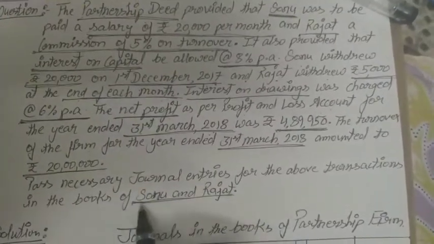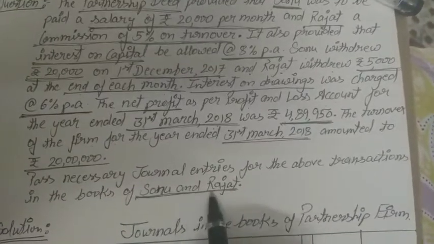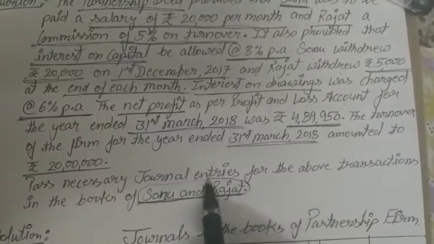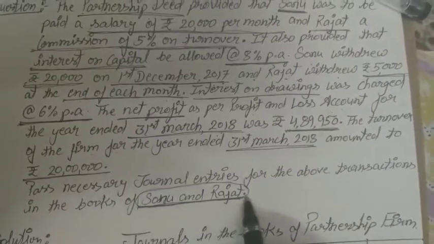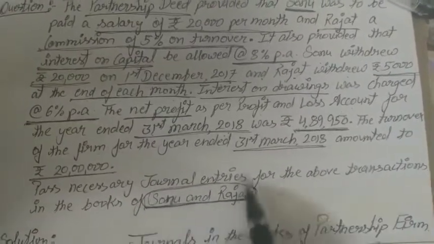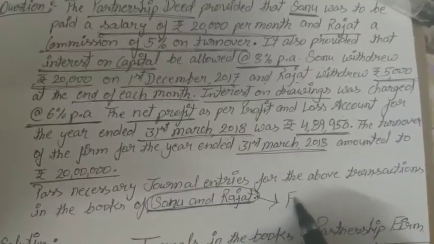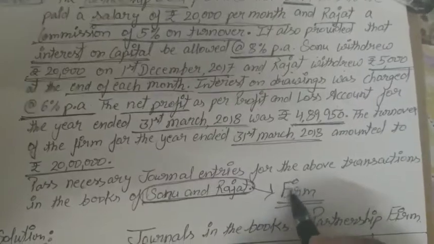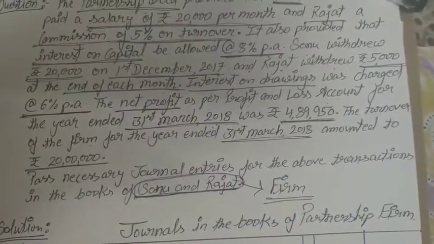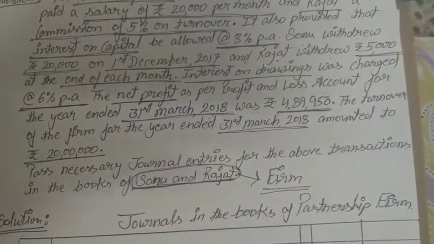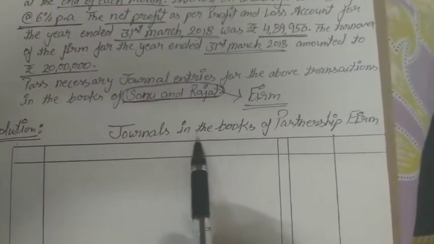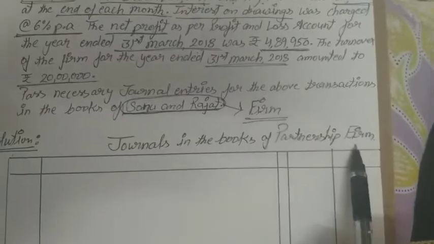In the books of Sonu and Rajat, if we take the cumulative name of both the partners, the cumulative name of both the partners is called the firm, the partnership firm. Are you getting this? So that's why I have written here journals in the books of the partnership firm.